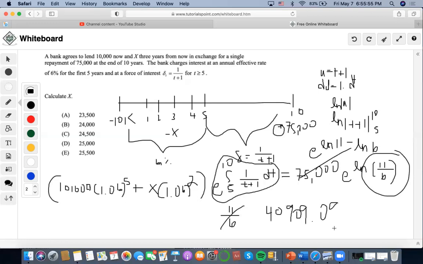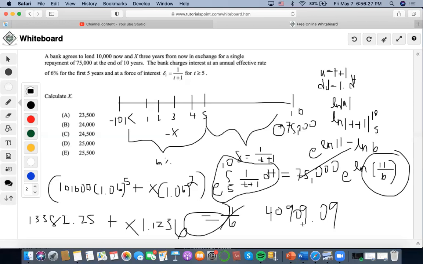40,909.09. Now let's solve this part. So I could do 10,000 times 1.06 to the 5, which is going to be 13,382.25, times 1.06 squared, which is going to be 1.1236.